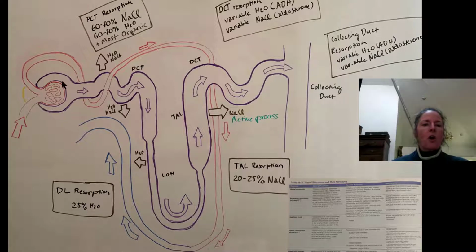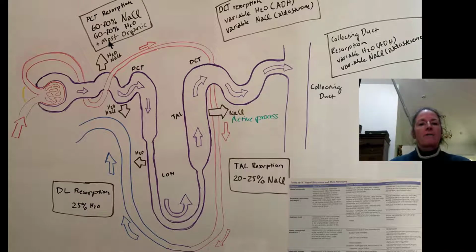Obviously the filtration all happens at the glomerulus, and then we'll have our filtrate leaving into the proximal convoluted tubule. It will go through here next. In the proximal convoluted tubule, we're going to have resorption of most of our salt and our water that entered the filtrate. So these are valuable things.